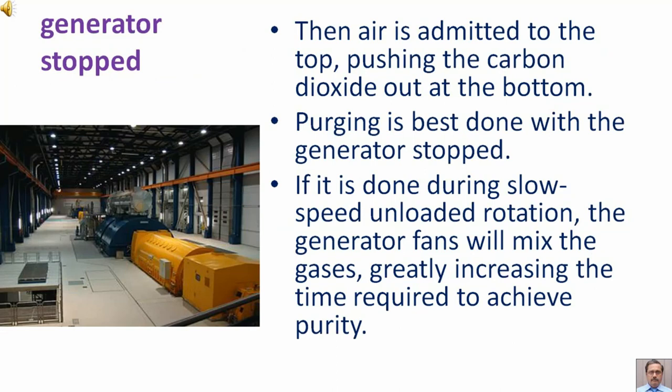Then air is admitted to the top, pushing the carbon dioxide out at the bottom. Purging is best done with the generator stopped. If it is done during slow speed unloaded rotation, the generator fans will mix the gases, greatly increasing the time required to achieve purity.